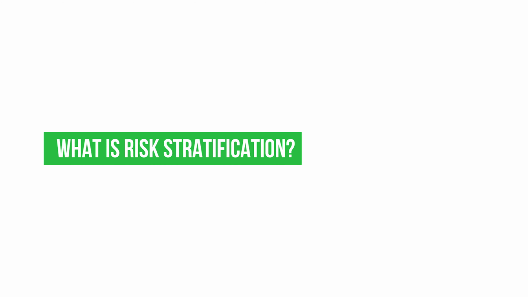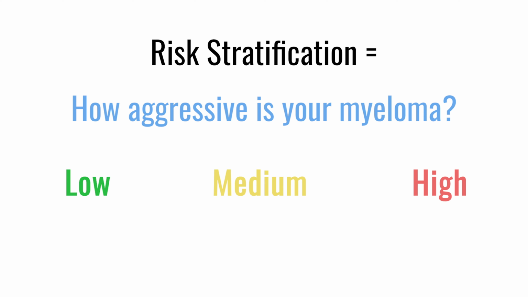What is risk stratification? So, what is meant by risk stratification? Risk stratification refers to testing that we do, usually when a patient is first diagnosed with multiple myeloma, in order to help determine their overall prognosis and get some sense of the aggressiveness of their myeloma.